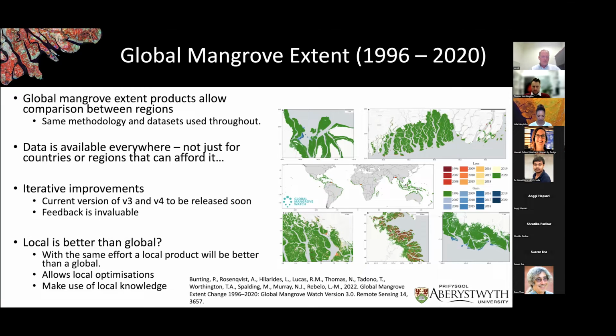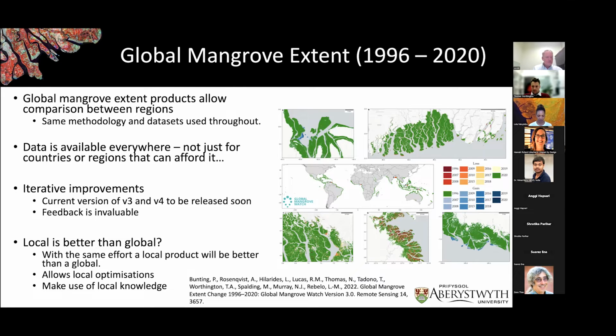It also means that there's data everywhere. If there are countries or regions that don't have data sets, then this provides a data set that is the same everywhere. One of the things that drives me through this work is that people actually use the data set and that there's a wider interest in it.